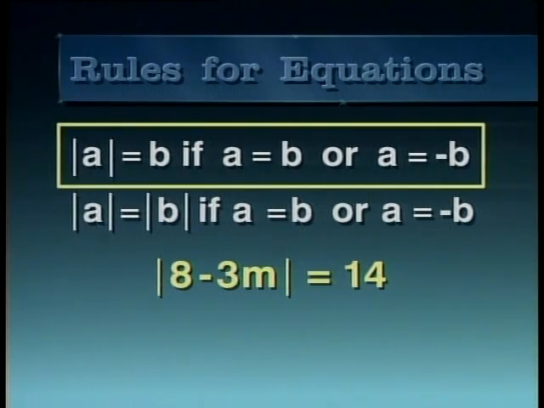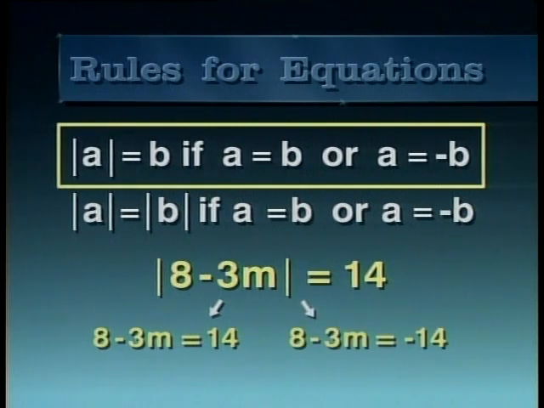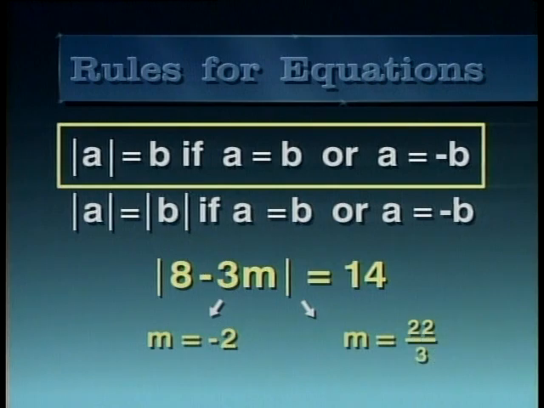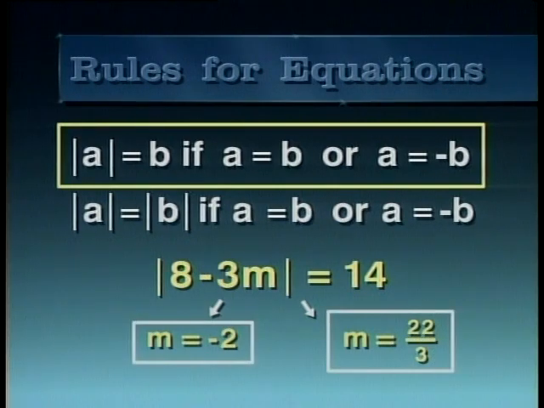Using the first property, we know that either 8 minus 3m equals 14 or 8 minus 3m equals negative 14. Now we can solve each of these equations. The solution set is thus the set {-2, 22/3}.